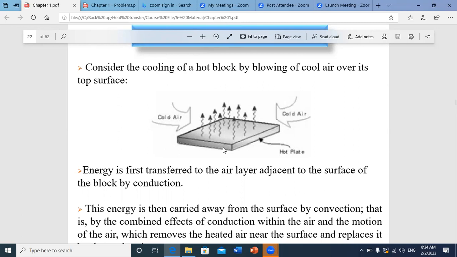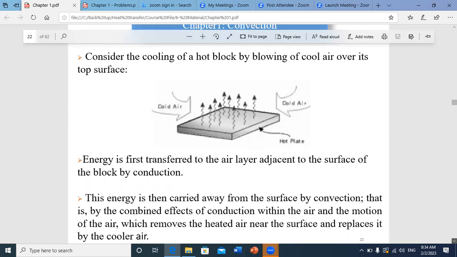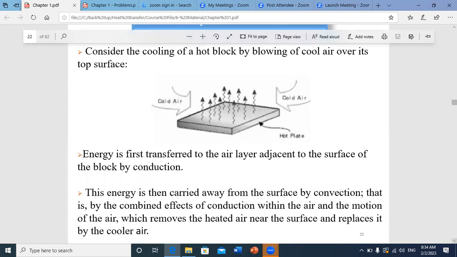It will be transferred by conduction, plus it will be transferred to the air layer adjacent to the surface of the block, also by conduction. Now, this energy is carried away from the surface by convection. That is, by the combined effect of conduction within the air and the motion of air, you can remove heat near a surface. So this is a process involving both conduction and convection heat transfer modes.